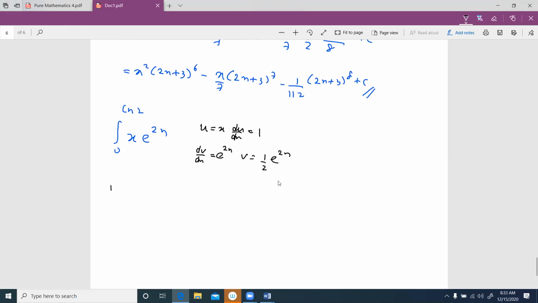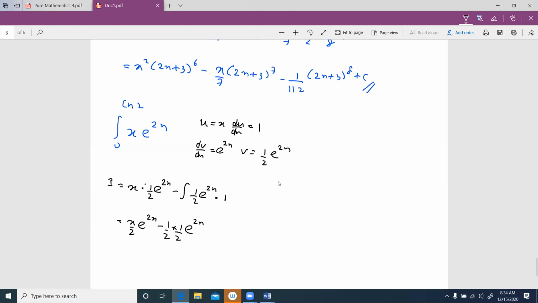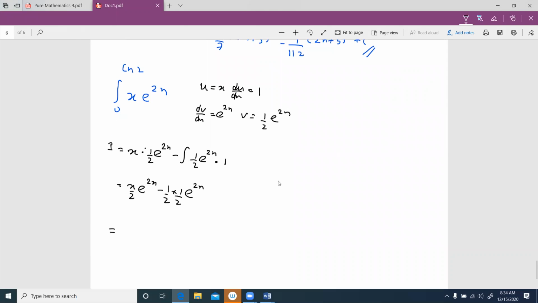Therefore, you can say I is equals to uv. u is x, v is 1 over 2 e to the power 2x, minus integration of v du by dx. du by dx is 1. So that turns up to x over 2 e to the power 2x minus 1 over 2 into 1 over 2 e to the power 2x, right? Then if you do this, you will understand that this is x over 2 e to the power 2x minus 1 over 4 e to the power 2x.